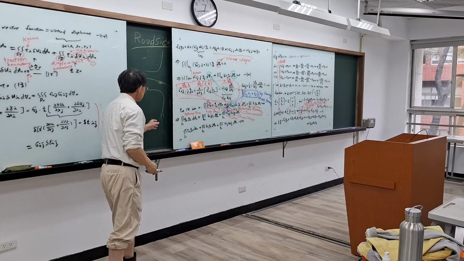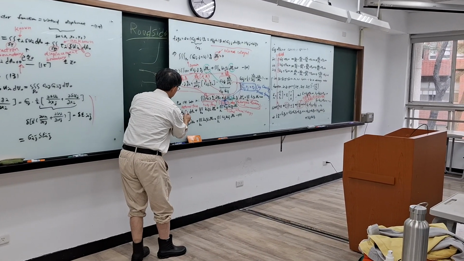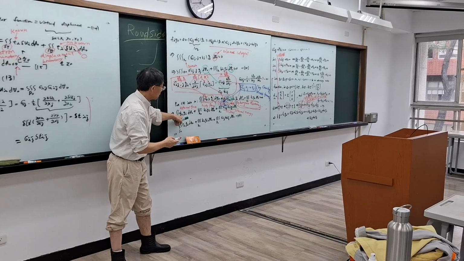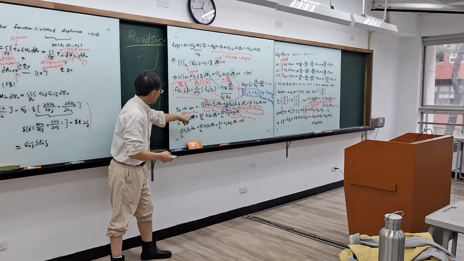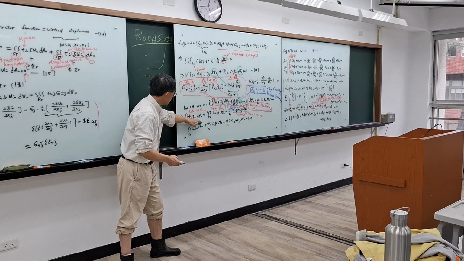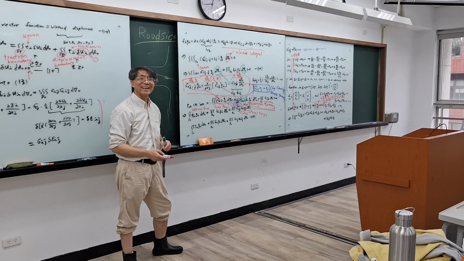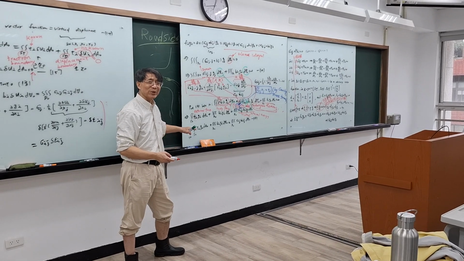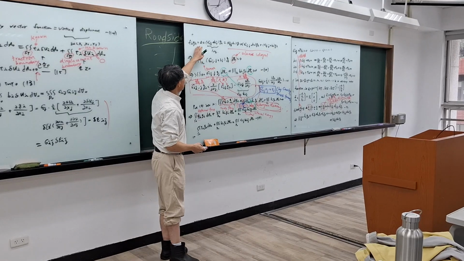So now finally we have this term. This is the external force, and this is the virtual displacement, and then this is the virtual work done by the external force. Okay, so this is a very important step. We start with the equilibrium equation.